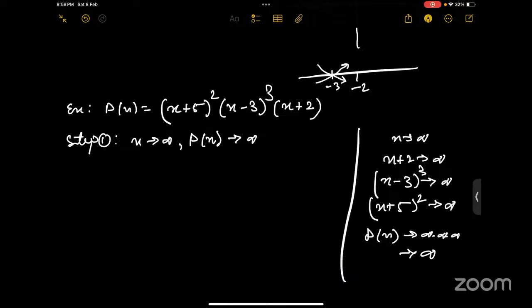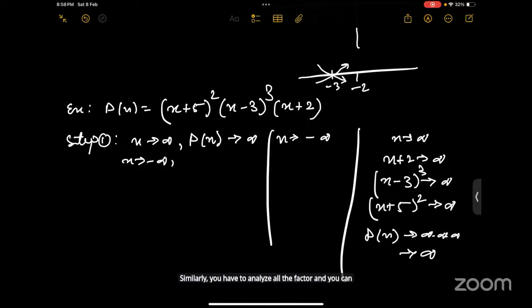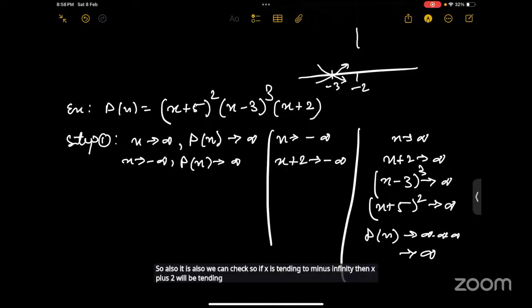Similarly, what if x is tending to minus infinity? You have to analyze all the factors, as we did for x tending to infinity. So if x is tending to minus infinity, then x plus 2 will be tending to minus infinity, right?